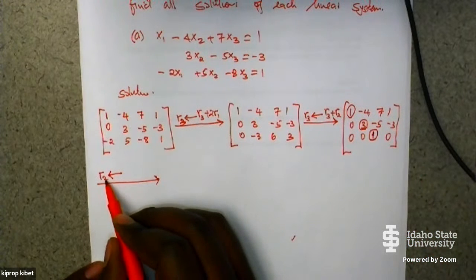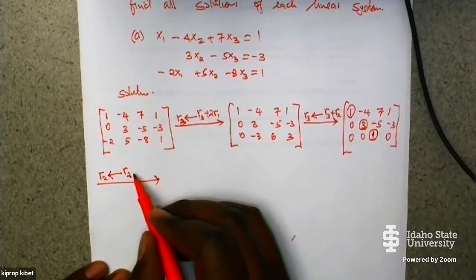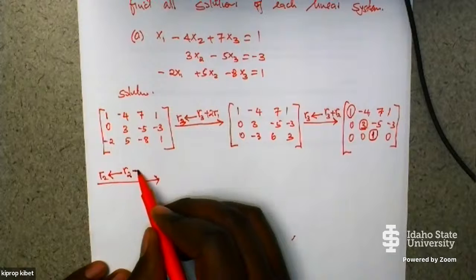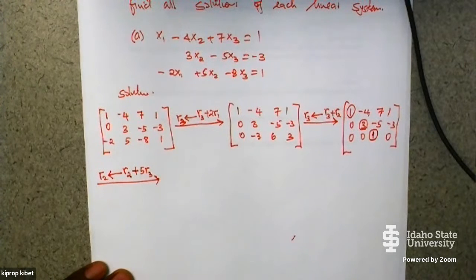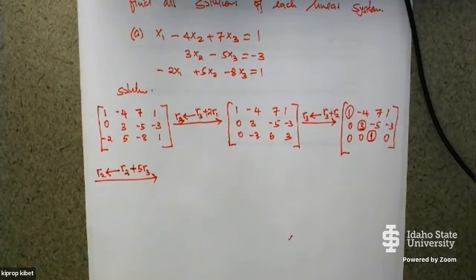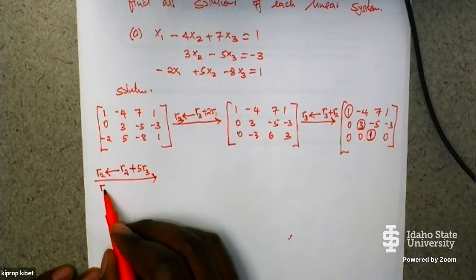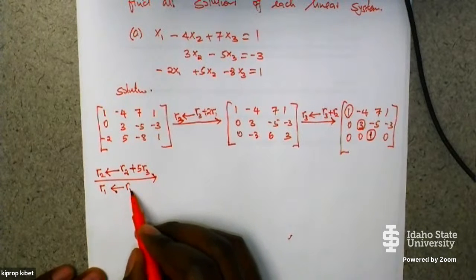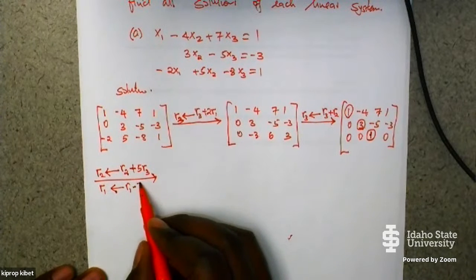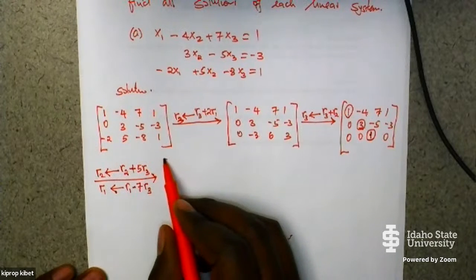So to get a new R2, it means R2 plus 5 R3. And to make this one 0, the new R1 should be R1 minus 7 R3.